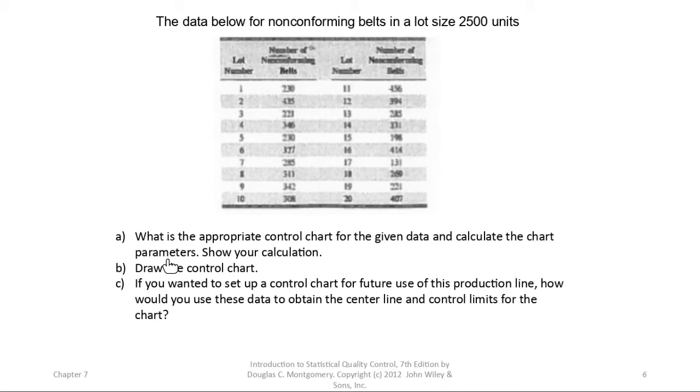If we decide to use the P chart, then the formula for the control limits is P bar plus or minus the square root of P bar.